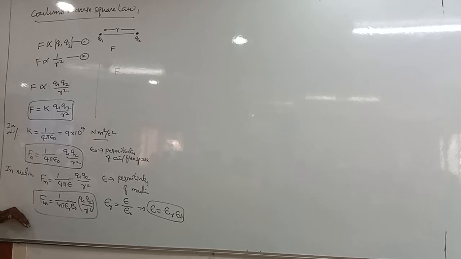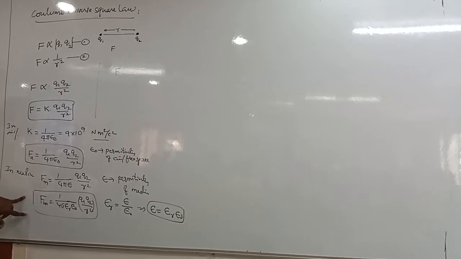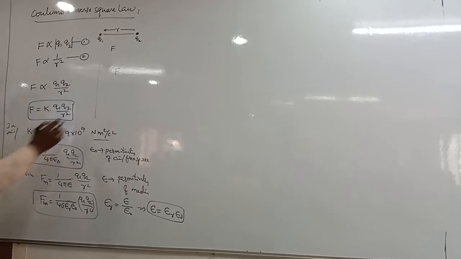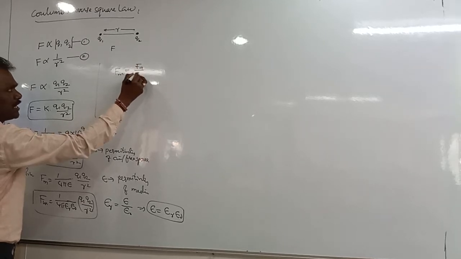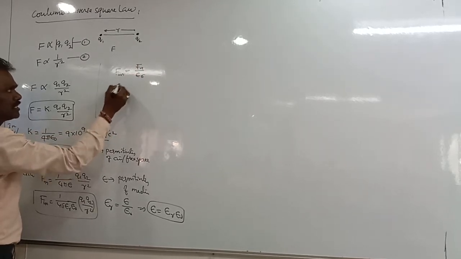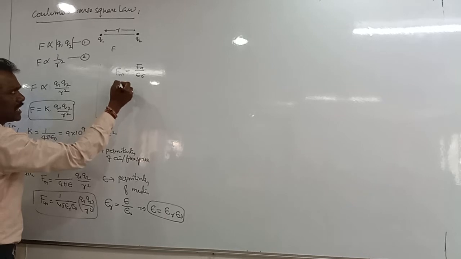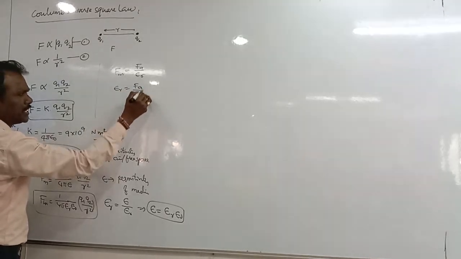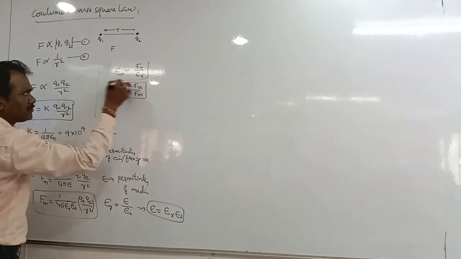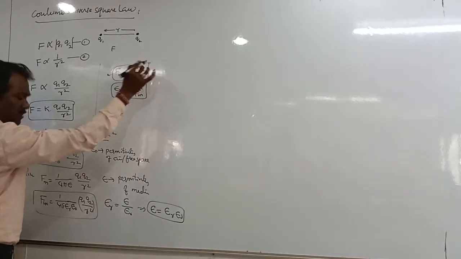Epsilon r times, isn't it? So less force is there in the medium, that is 1 by epsilon r times. So the force in the medium is equal to the force in the air by epsilon r, isn't it? So we can write epsilon r is equal to force in the air by force in the medium also. Okay, right?